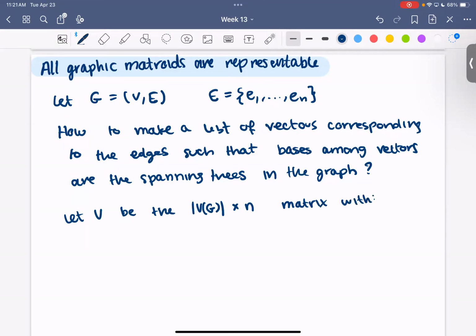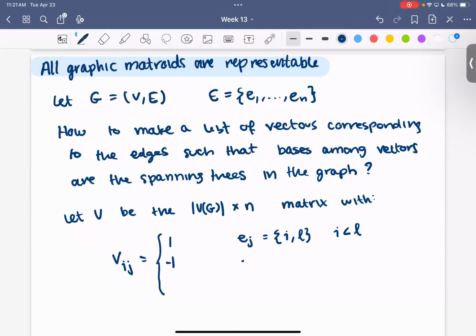So I'm going to set the entry V_ij to be equal to, and I'm going to slightly modify what you said. So I'll say that the entry is 1 if the edge e_j is equal to (i, l) with i less than l. We'll do an example and this will make sense.